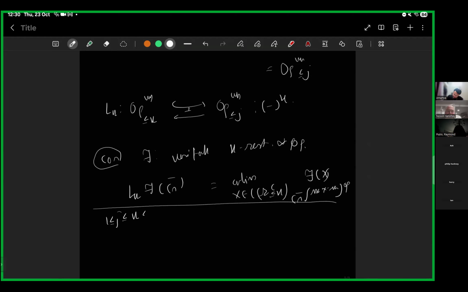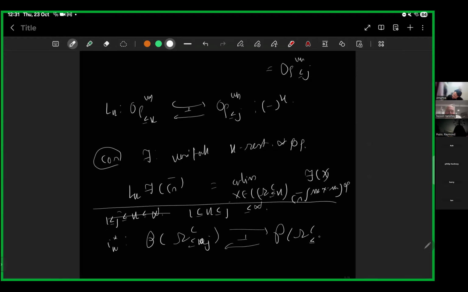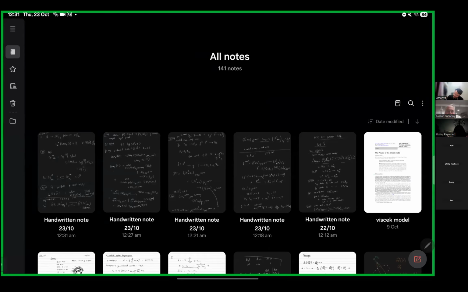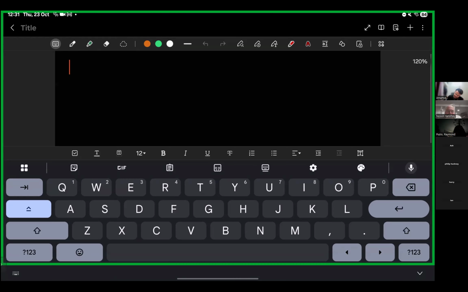So again, we start with j less than or equal to k. So we have an adjunction. This is J, this is K, R con K. And this R con K preserves this.